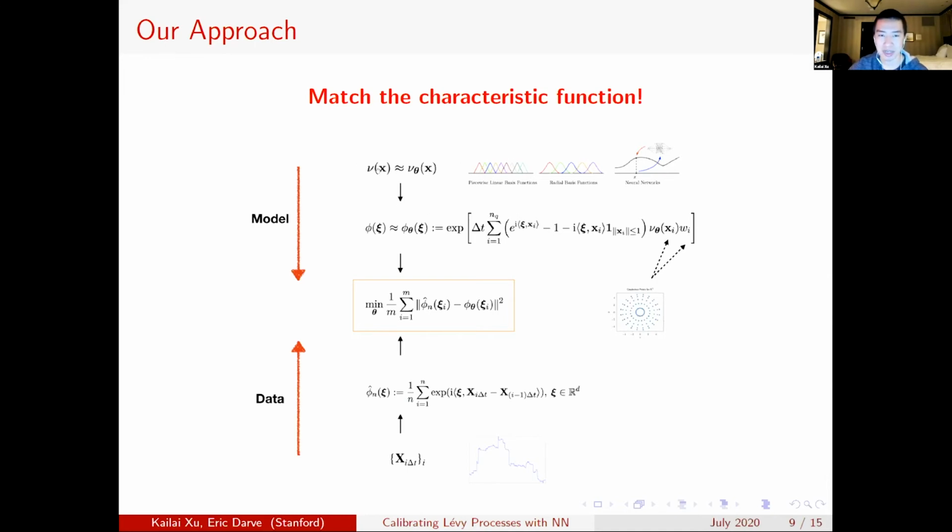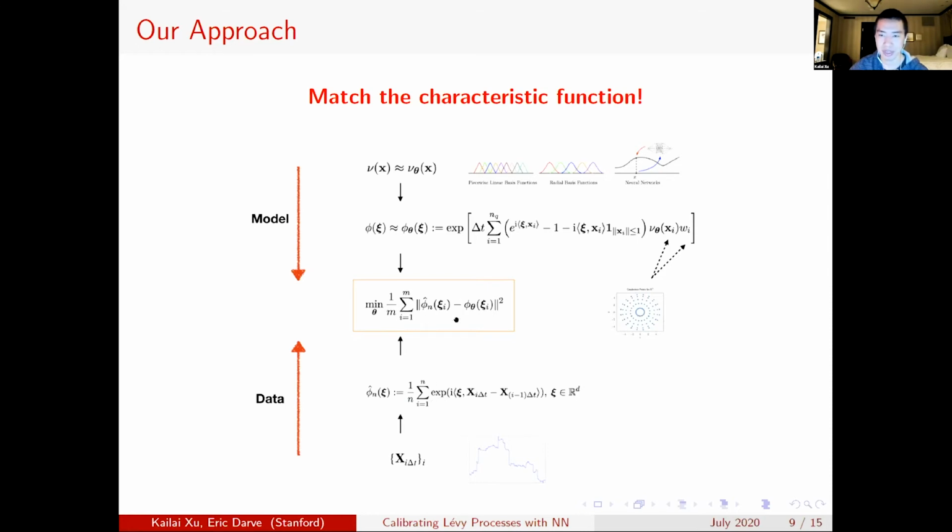If we already know this U(x), we can just compute the analytical characteristic functions. So we have this kind of numerical characteristic function. On the other hand, we have the data to compute the empirical characteristic function.